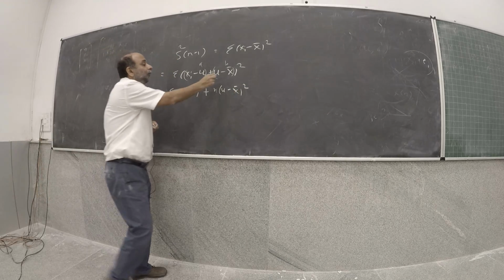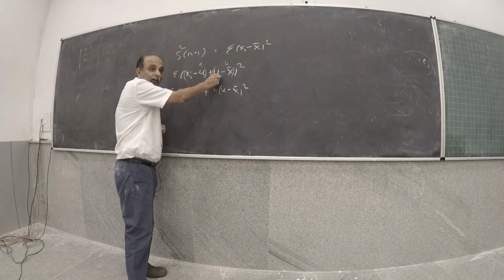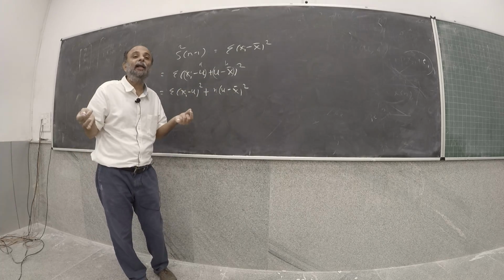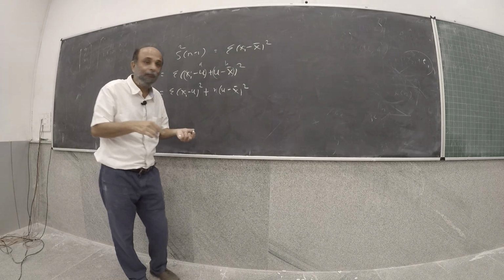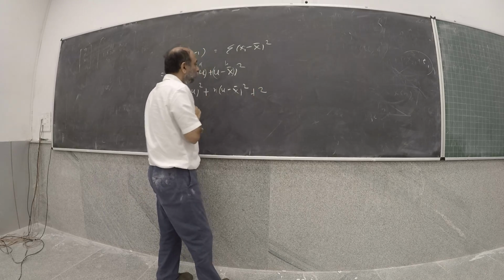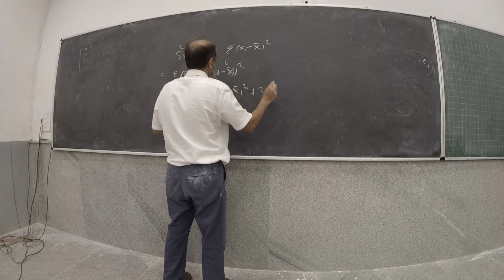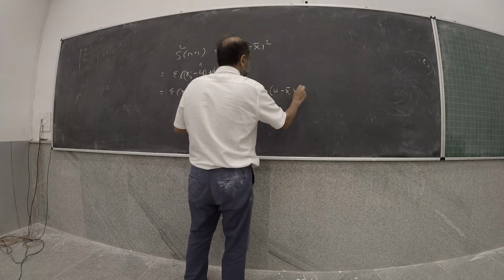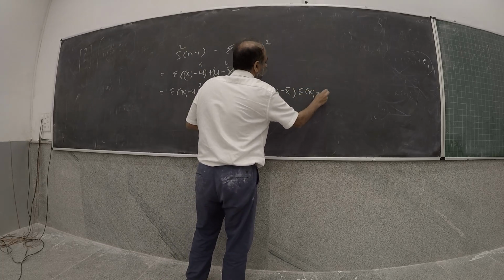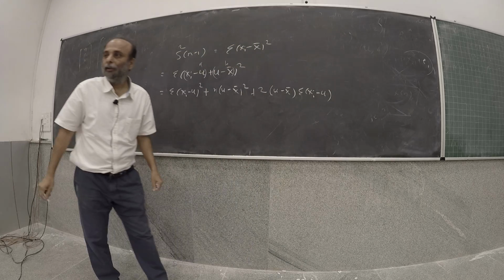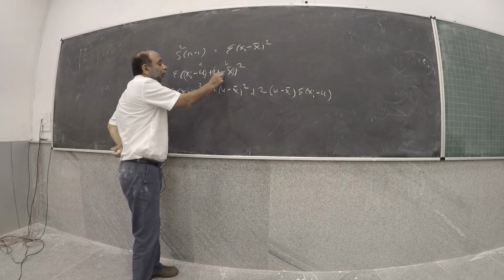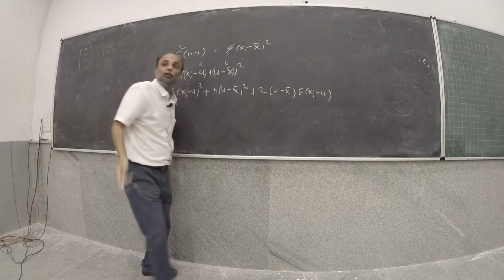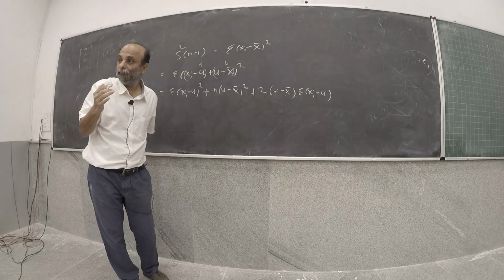Why n? Because this is a constant, no? Mu is a constant, x bar is a constant. If you sum a constant n times, what do you get? N into the constant. Plus 2, mu minus x bar, because 2ab, b is a constant. Sum over a, the constant part will come out of the summation.